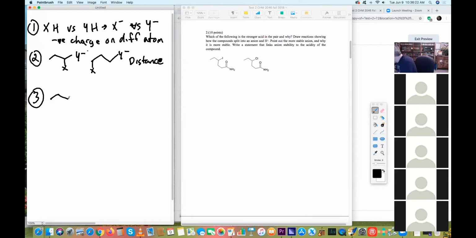Scenario 3. And in this case, X and Z are in the same position, but they have a different electronegativity. And this one here.